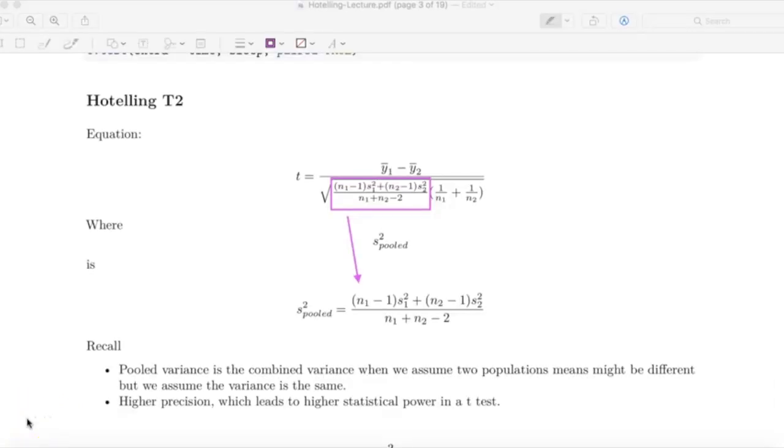You can think of Hotelling's as multivariate t-tests. So here I have the way you calculate the test statistic for a t-test, normal single sample or actually 2 sample t-test.